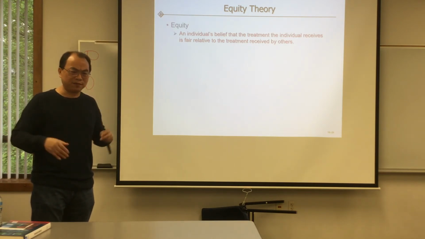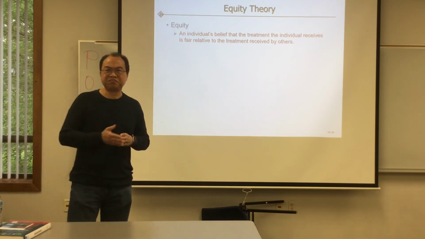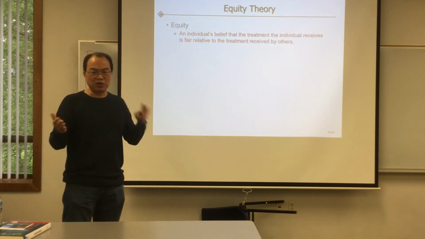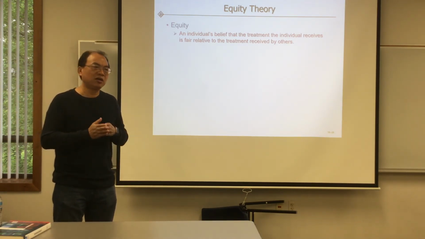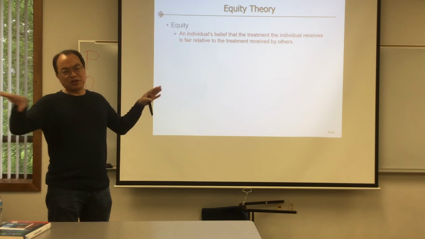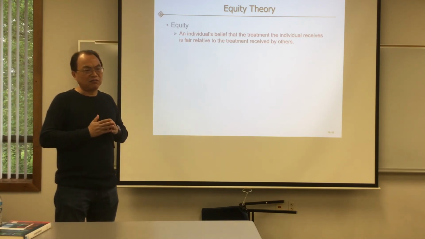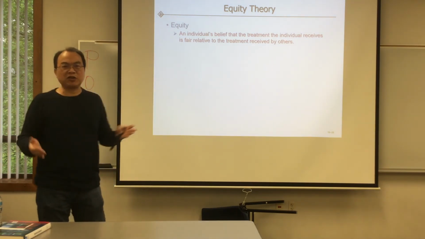You say, what does that mean? Suppose in a company, you and your friend have the same college degree, and you both have similar experience, like 5 years, in this engineering company, and you're getting $100,000 a year.